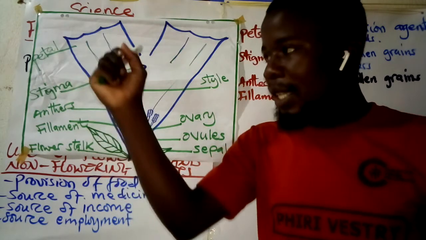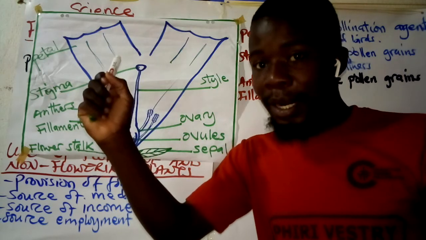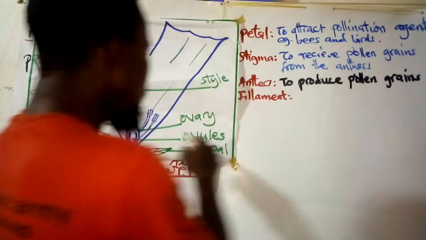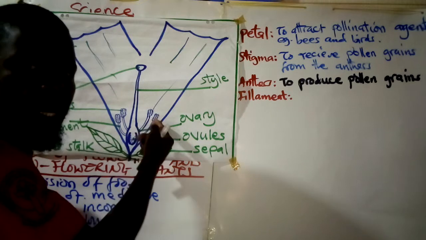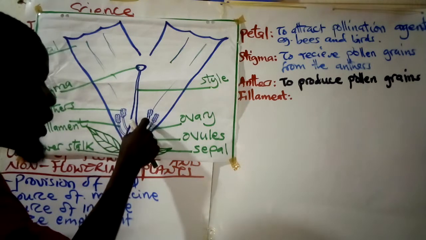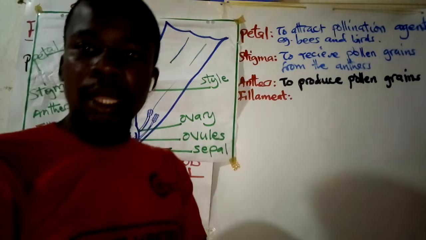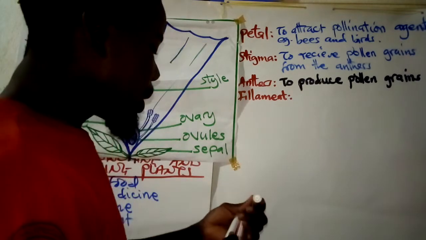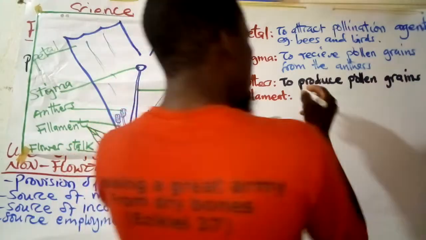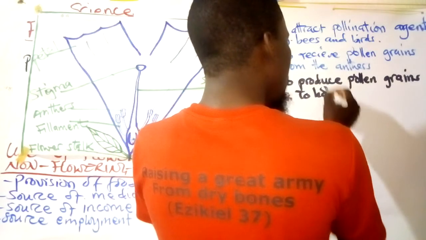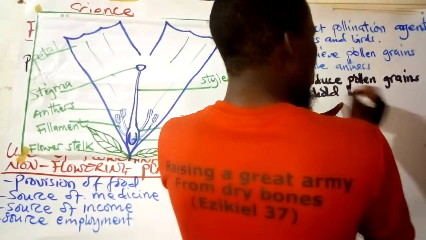The function of my hand is to hold the marker at this time around. The same applies to the filament and the anthers. So the function of the filament is to hold the anthers.